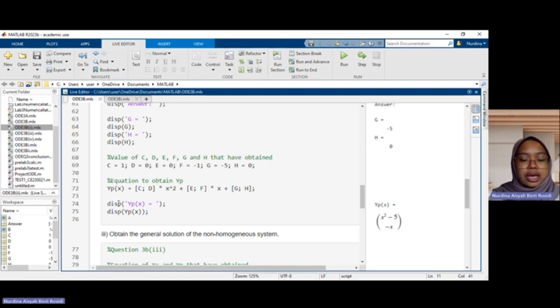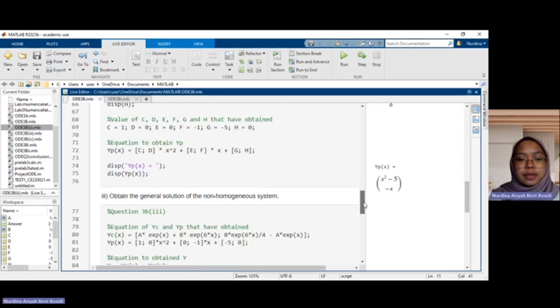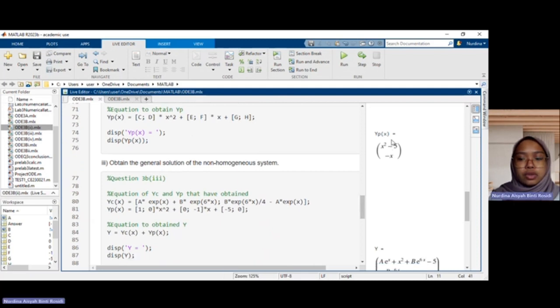I'm using this disp on yp(x) equals and also disp yp(x), because if one of these two is not in the coding, the answer will not come up. So it needs both of the displays. So when we run, the answer is yp(x): x squared minus 5 exponent negative x.